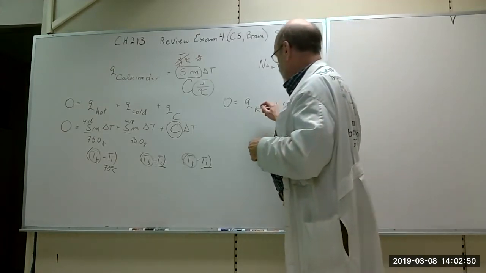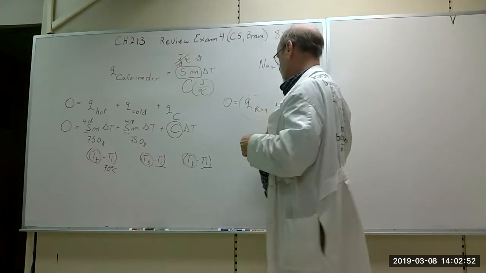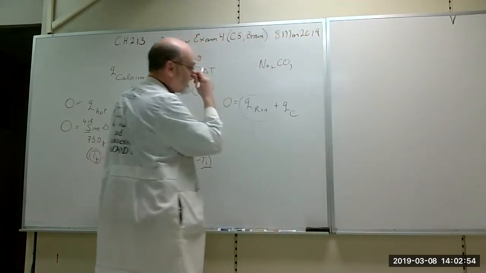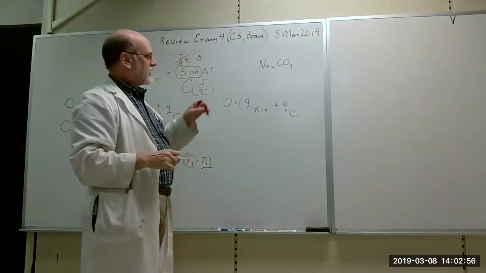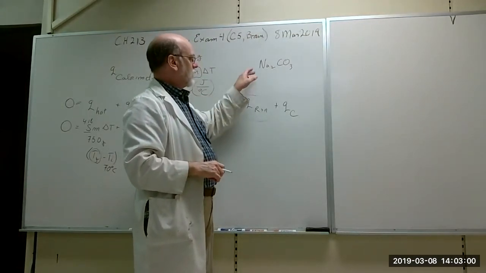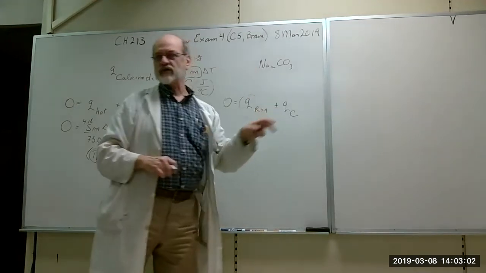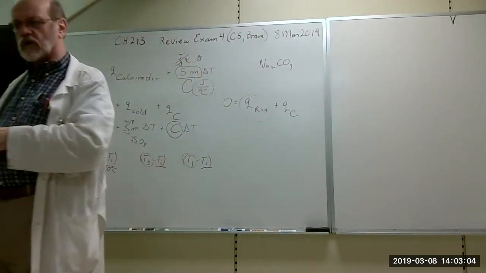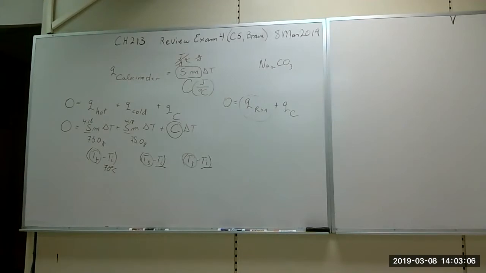So you're going to have a Q for the reaction, right? So that's so many joules of heat. And then that heat is going to be related to how much sodium carbonate you put in there. So I'm not sure, do they want you to report it in joules per mole? Probably joules per mole.